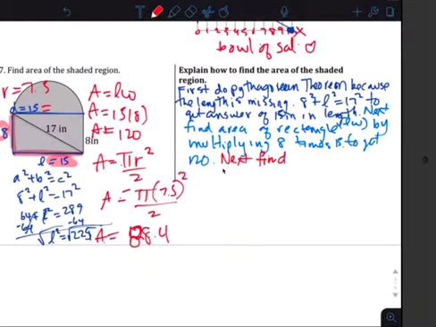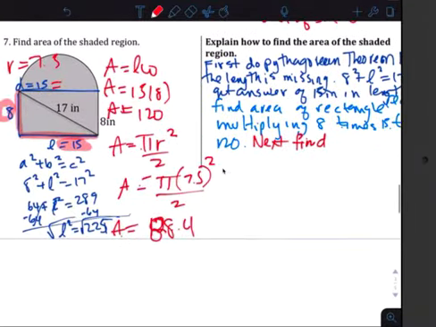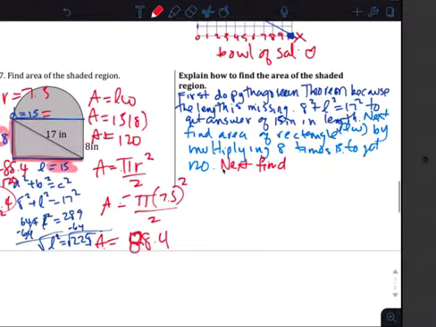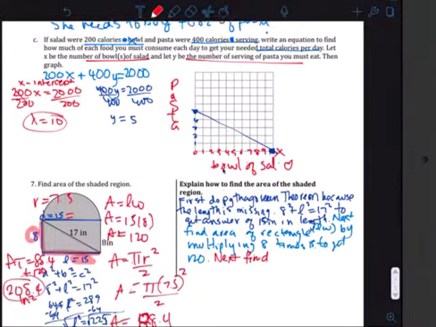For here. Then you find the total area by adding 88.4 plus 120. You get 208.4 as the total area. Make sure you put inches squared. Okay, you explain all this here.